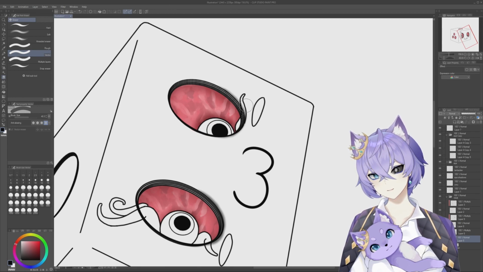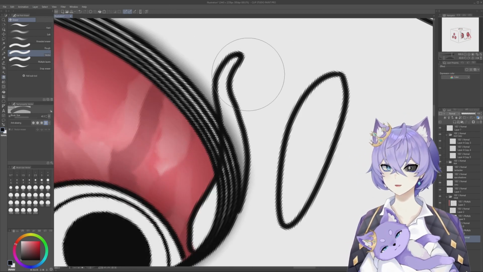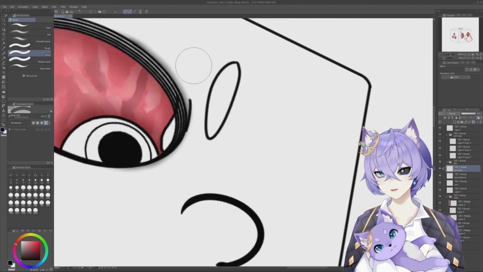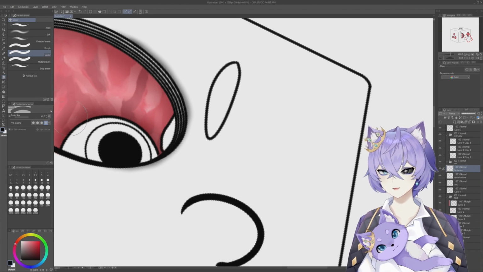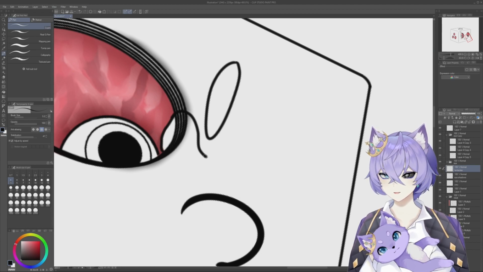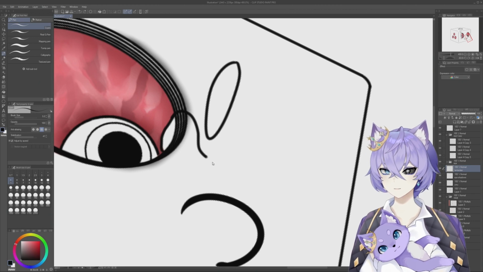And then we take this tentacle and we're going to do the exact same thing where it comes a little bit out of the eye socket and then braces itself against the surface of the dice. Like that.